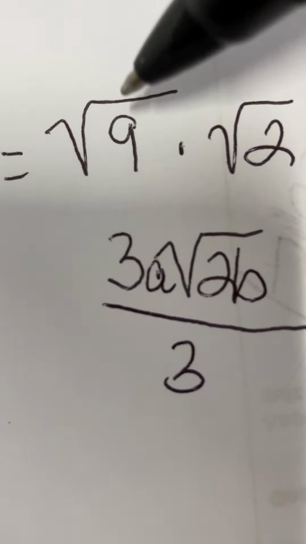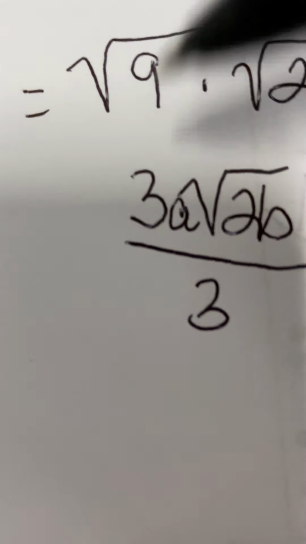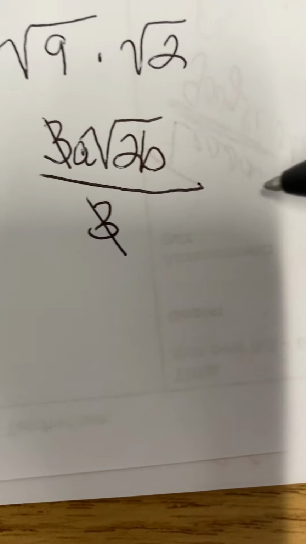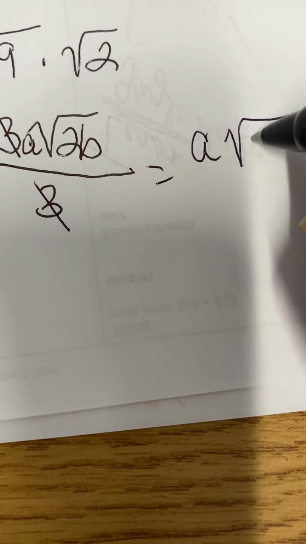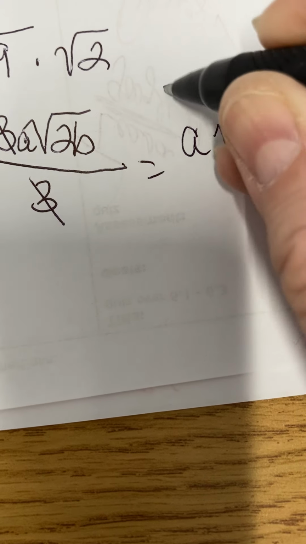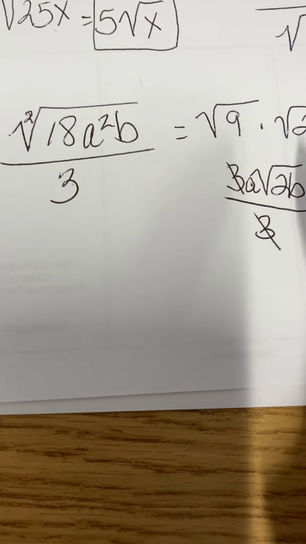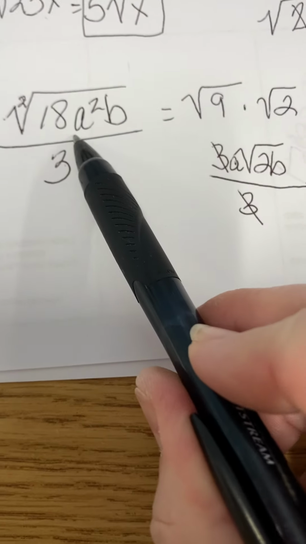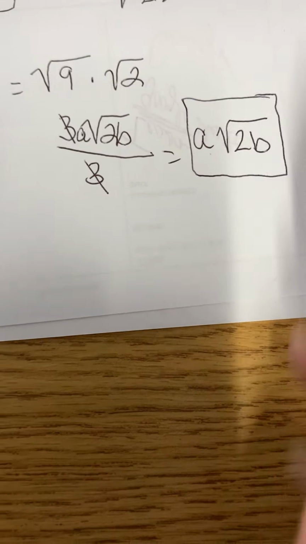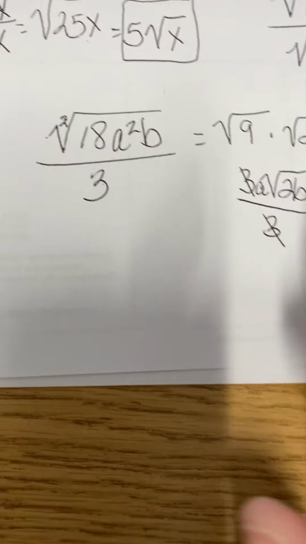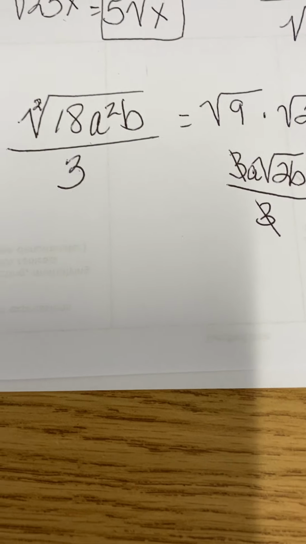Now, since that 9 became a regular whole number 3 on the outside, now this will divide out with that, and what we are left with is a times the square root of 2b. I know that probably seems like a lot, but just take it step by step. Don't think you have to go from here to here. That's really confusing. Show your work, write out your steps, just keep going until you cannot go any further.